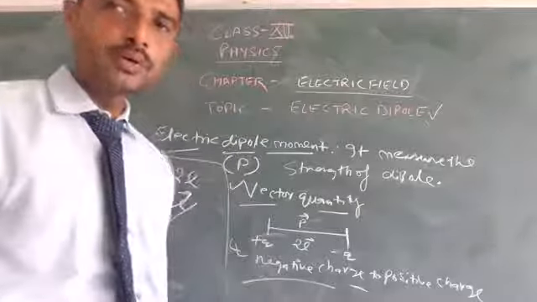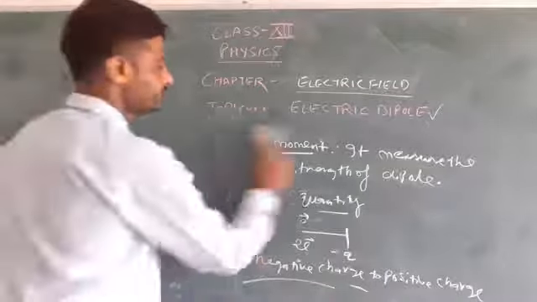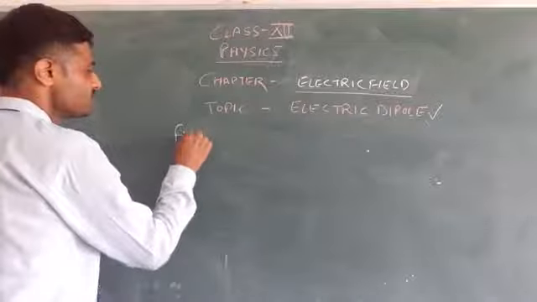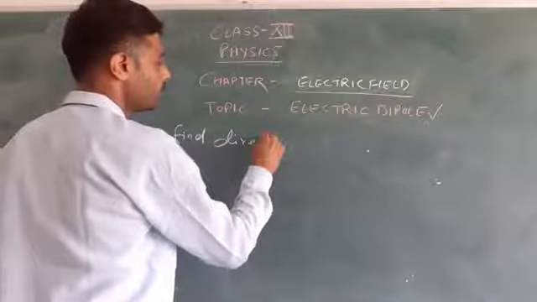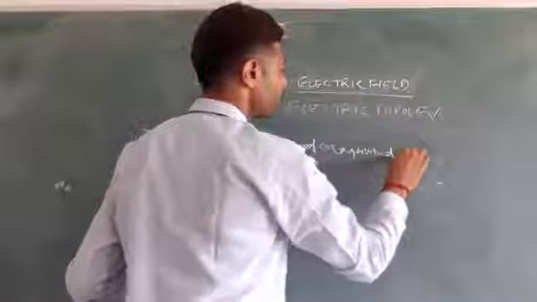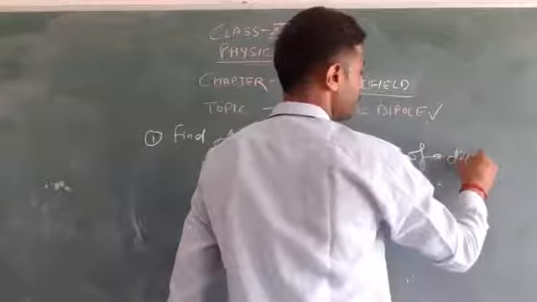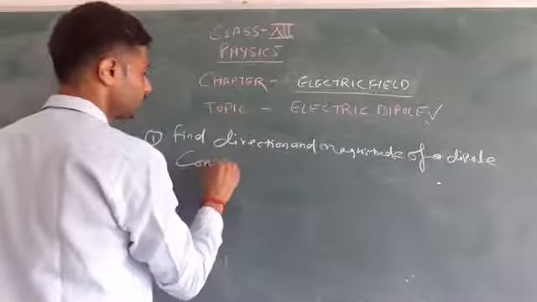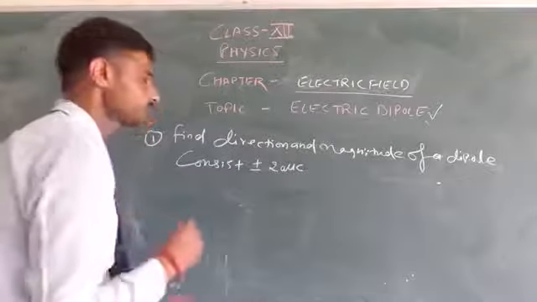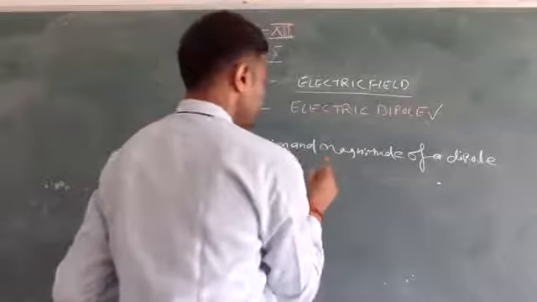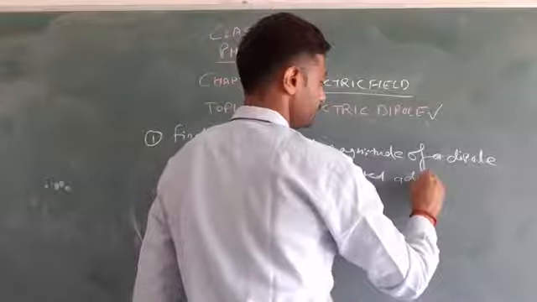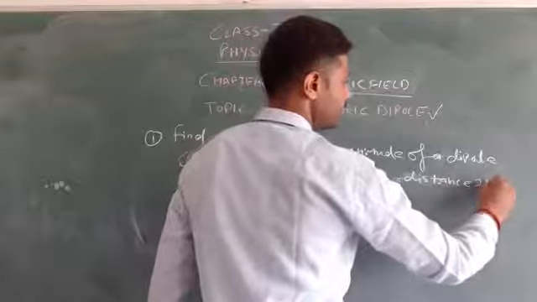So we can solve a numerical based on electric dipole moment. The question is: find the direction and magnitude of a dipole consisting of plus and minus 20 microcoulomb charges separated by a distance of 20 centimeter.